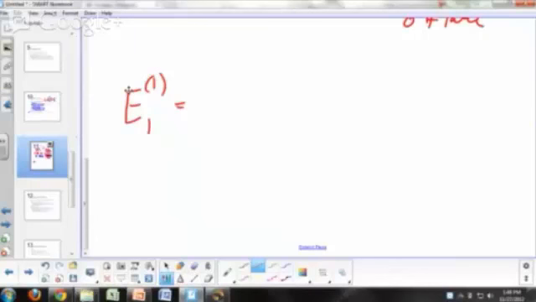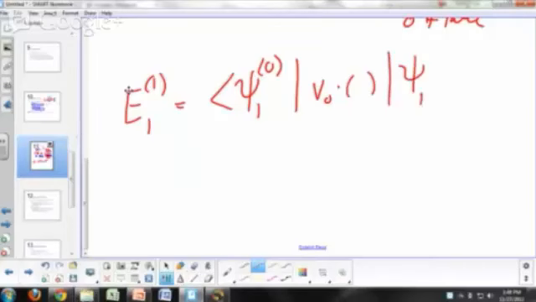The first order correction to the ground state energy. What did we say it was going to be? Integral of psi 1 naught H prime, which is going to be V naught, right, times the Boolean expressions there, times psi 1 naught, correct?